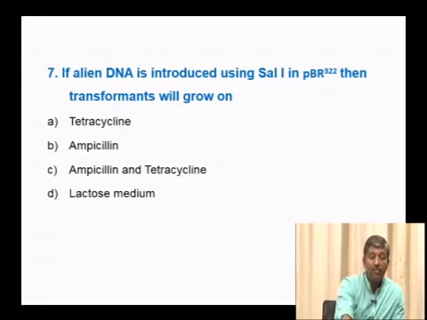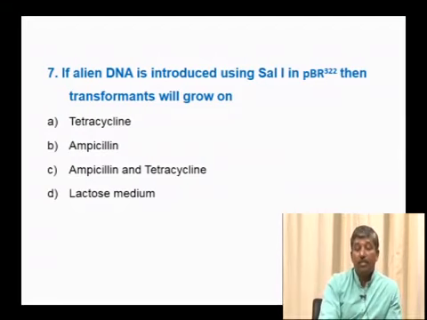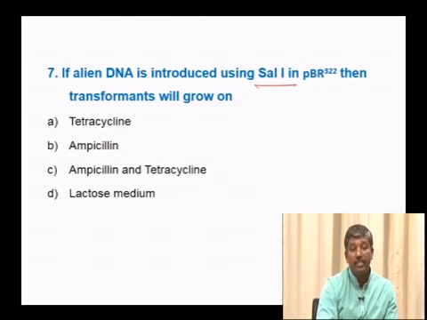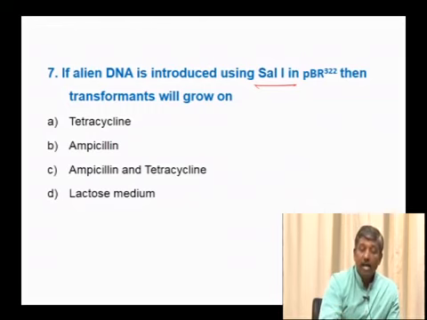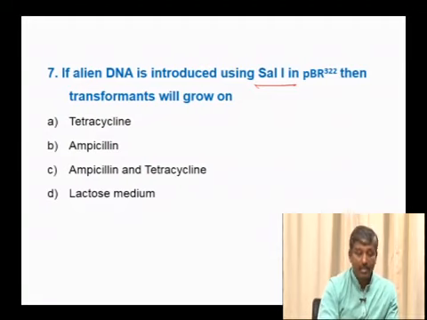Next, if alien DNA is introduced using Streptomyces albus I or SalI in pBR322, then transformants will grow on. Since this restriction enzyme has restriction sites in the tetracycline resistant selectable marker gene, the tetracycline selectable marker gene will get inactivated.